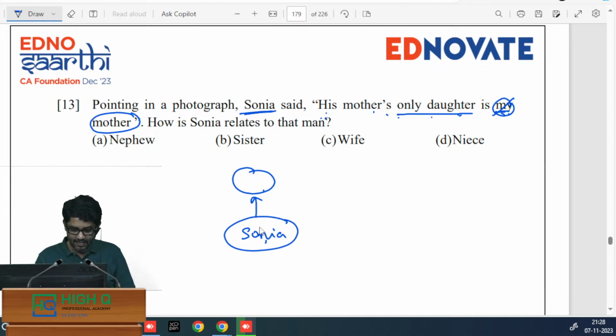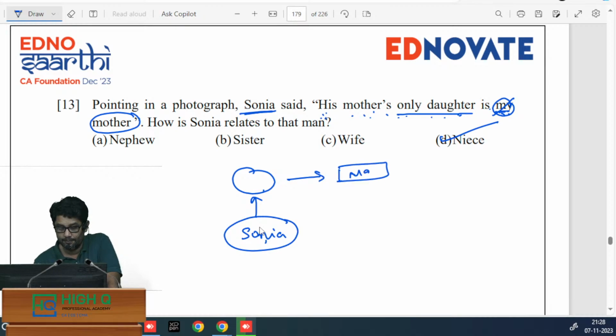Yes, niece is the right answer, my dear. See, look at this. That man's mother's only daughter is my mother. So obviously what happens, the man is the brother of Sonia's mother. Then of course, how is Sonia related to that man? Niece.